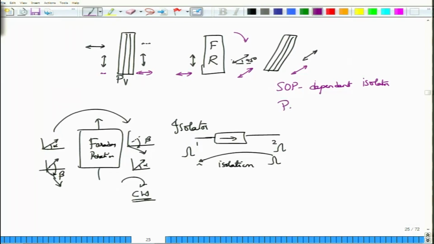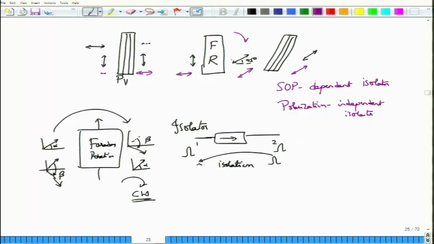We will study the polarization independent isolator in the assignment. The basic idea is just the same. You have a Faraday rotator, and remember the Faraday rotator will always rotate in only one particular direction, so it will not really work in any other direction. So that is about the isolator device.